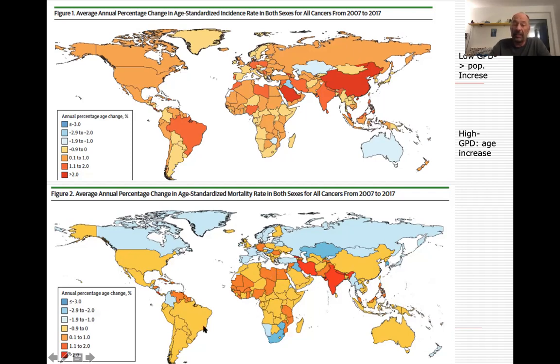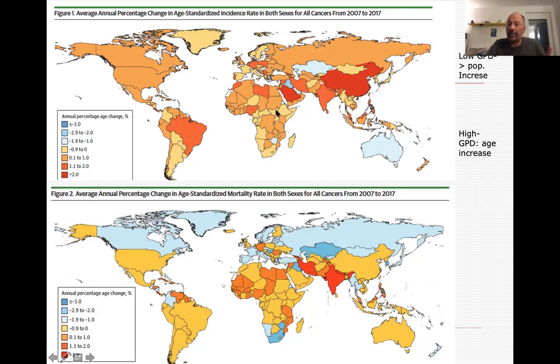Actually, Germany is one of the few countries in Europe where the mortality is increasing and the incidence is sharply increasing. The incidence is between 1.1 and 2%, and the mortality is increasing between 0.1 and 1, while most of the other countries have about a minus 2% decrease.